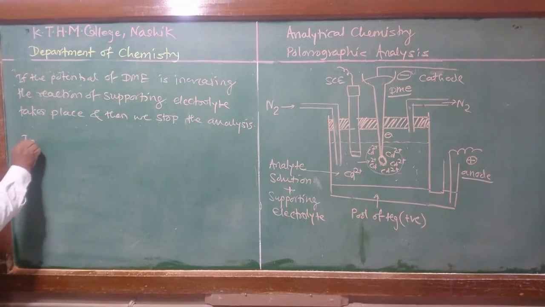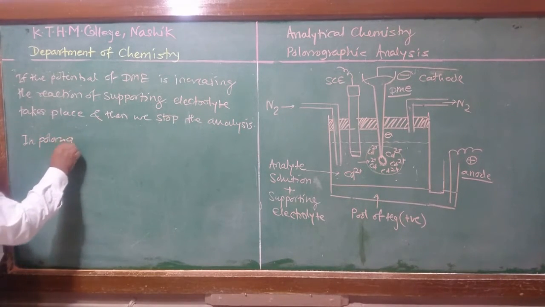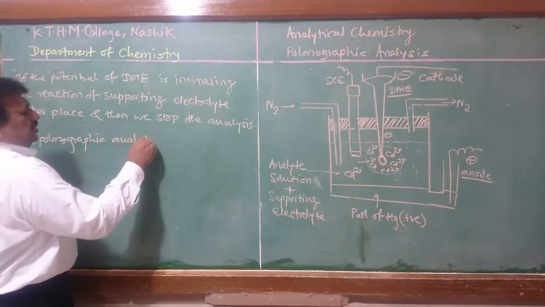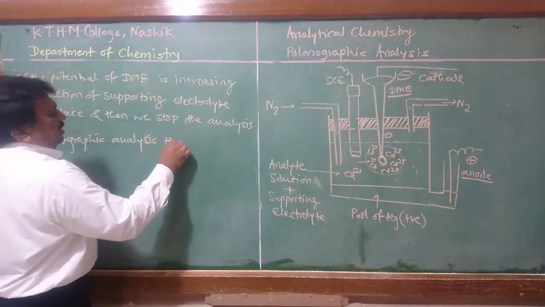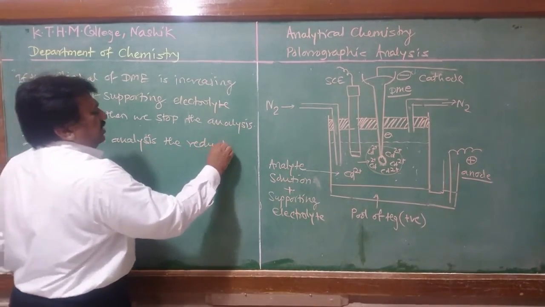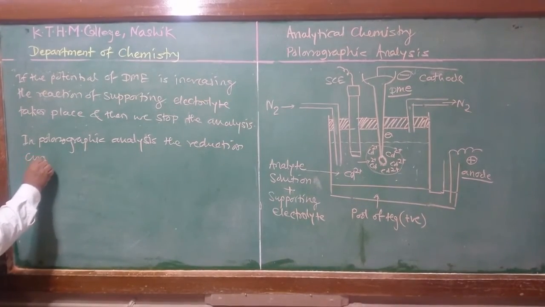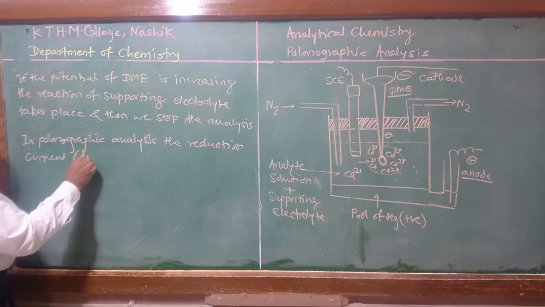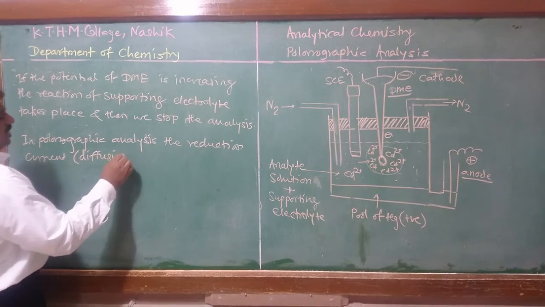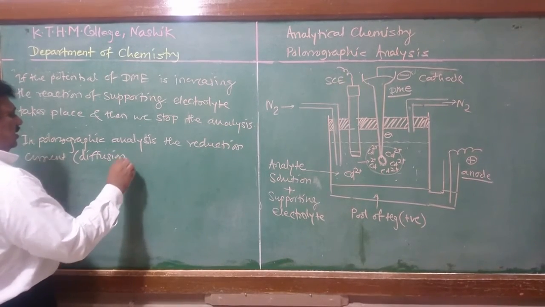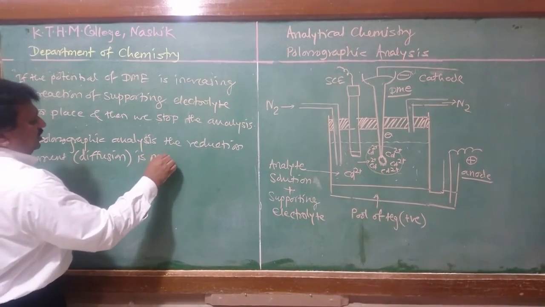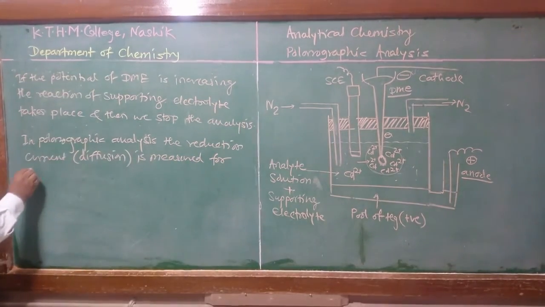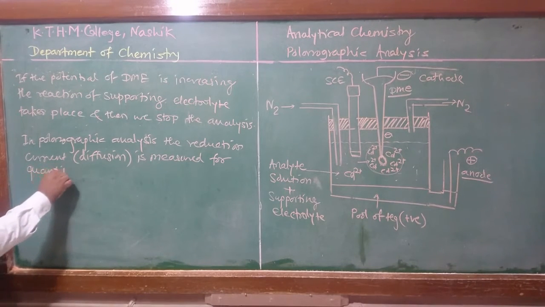In polarographic analysis, the reduction current due to analyte, that is called as diffusion current. Reduction current due to the analyte is measured for quantitative analysis.